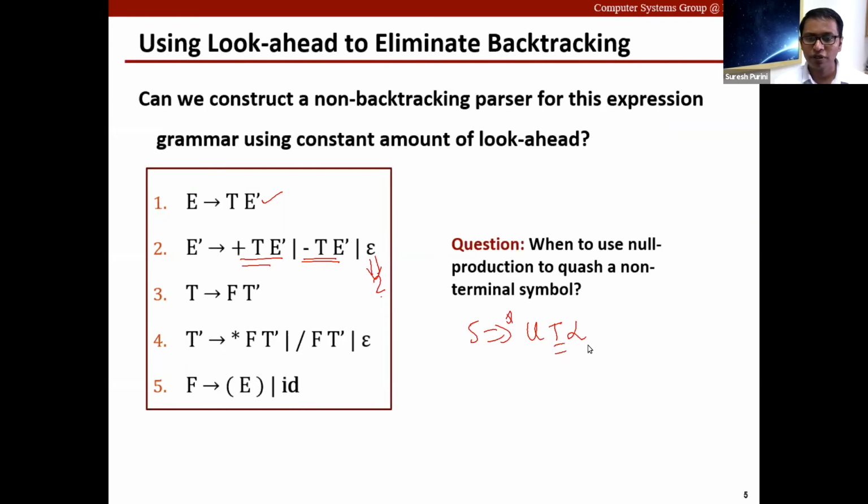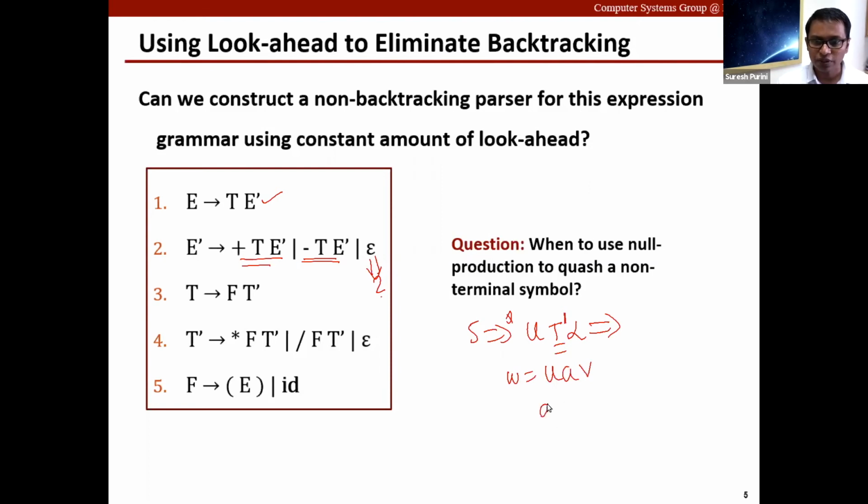This is the non-terminal symbol you would like to expand in order to go to the next step of the derivation process. This is not a problem because T has only one possible substitution rule. So great, you go ahead and apply. But on the contrary, if the current non-terminal symbol is T prime, then it depends on what the input symbol is.